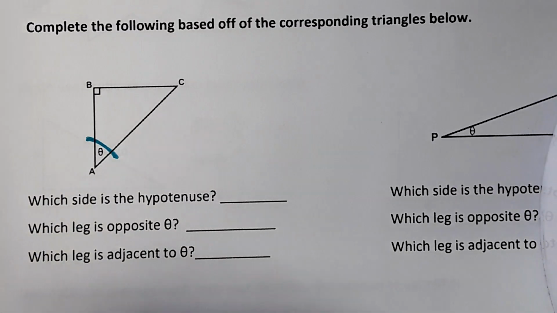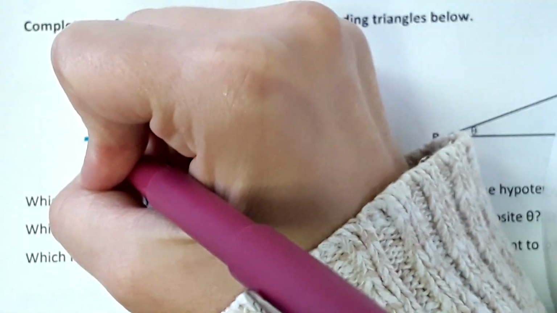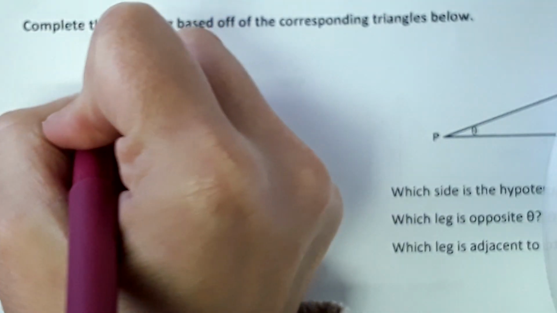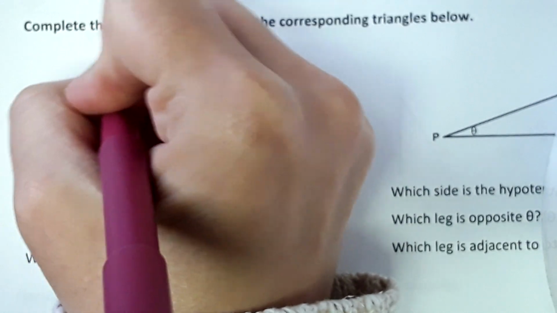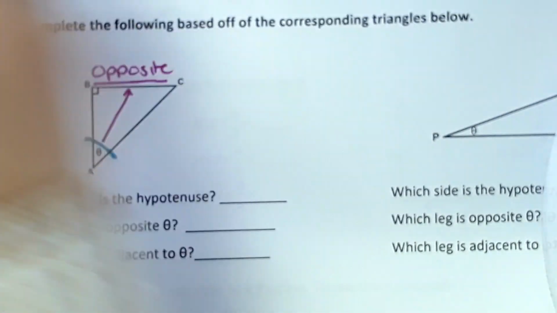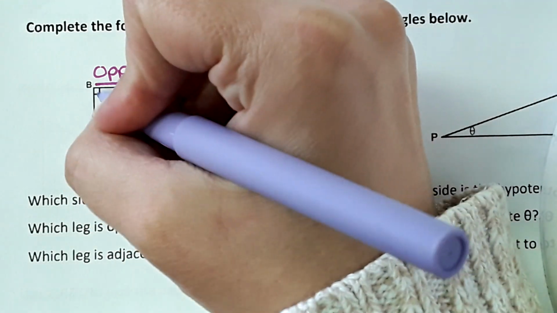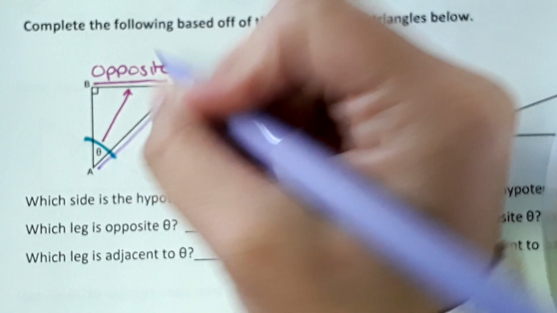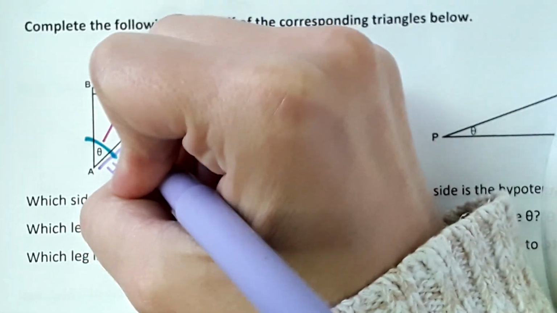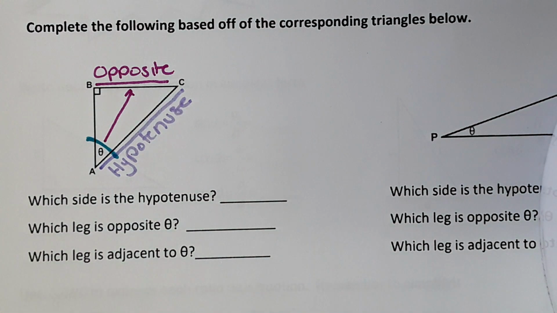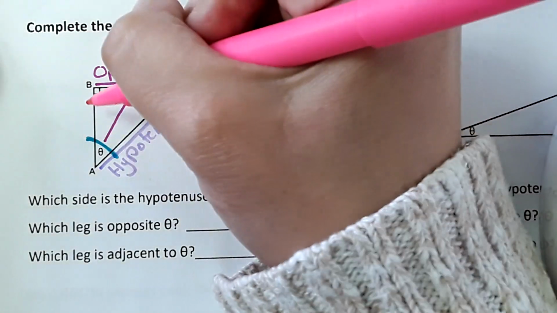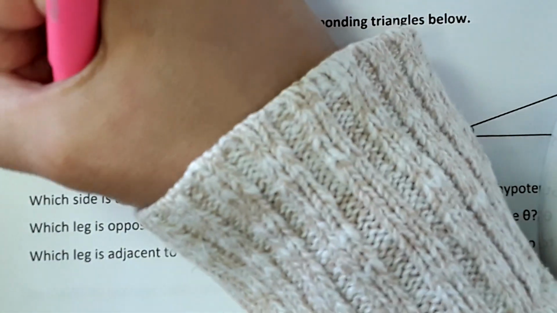Well, opposite theta would be right here. Then the hypotenuse would be opposite that 90-degree angle and the longest side, so this would be the hypotenuse. And then last but not least, we have the adjacent side right here.